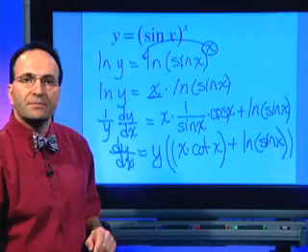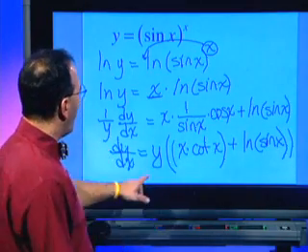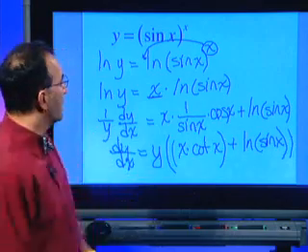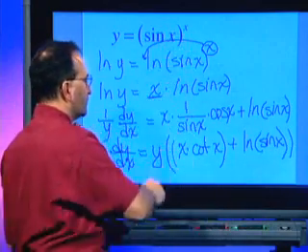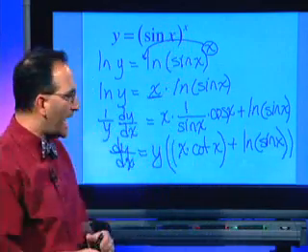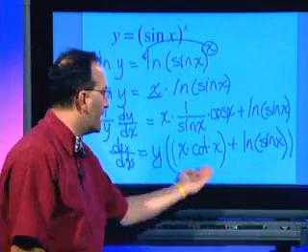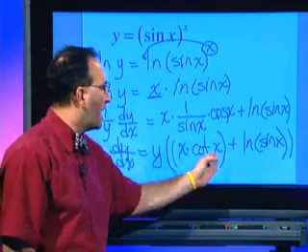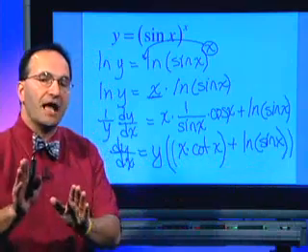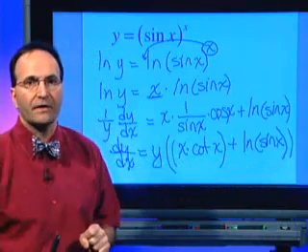We should make a substitution here of y, because remember, up above, y is equal to sine x raised to the x. That will then give me the derivative dy dx as a function of just the variable x.